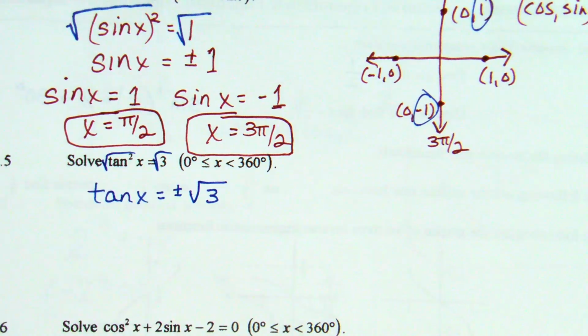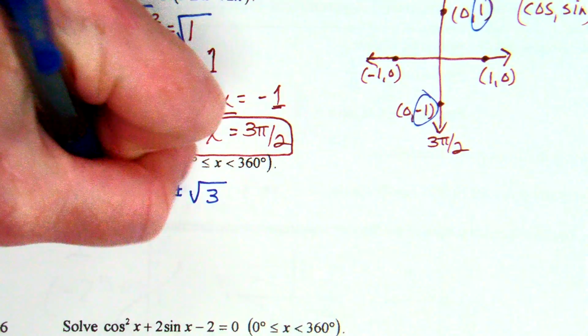So, officially, we have two equations to solve, right? When does tangent x equal the positive square root of 3? And when does tangent x equal the negative square root of 3?